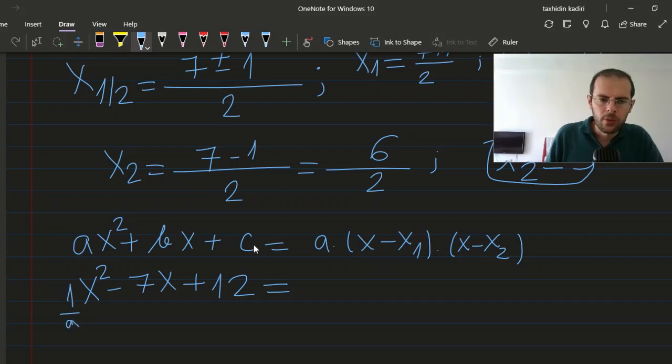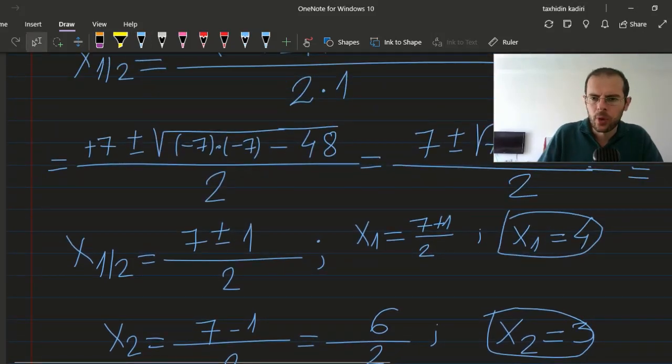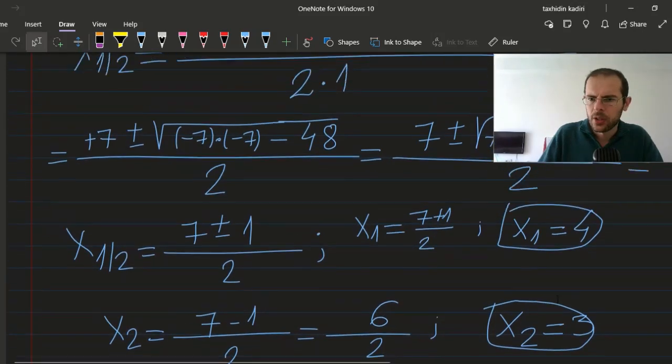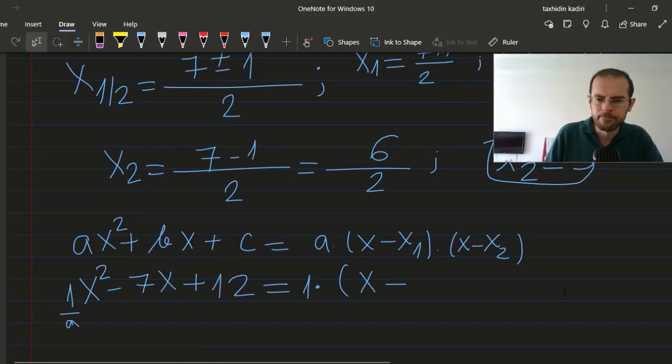The a value for this equation is 1, we don't need that one. x1 is 4, x2 is 3. We will write 4 and 3 here.